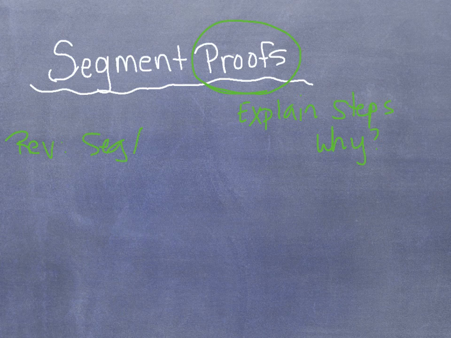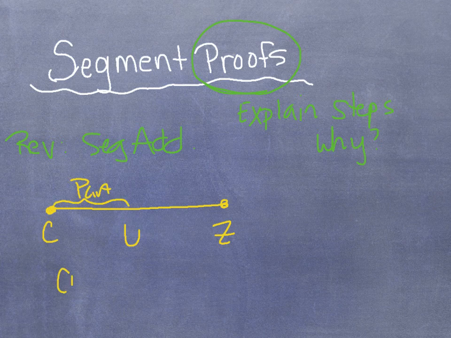Hopefully you're remembering what segment addition is. If you don't, it's part plus part equals whole. If you remember, we had a segment, something like this, and we're going to call this segment CU. If I wanted to set up a segment addition equation, CU is your part right here.